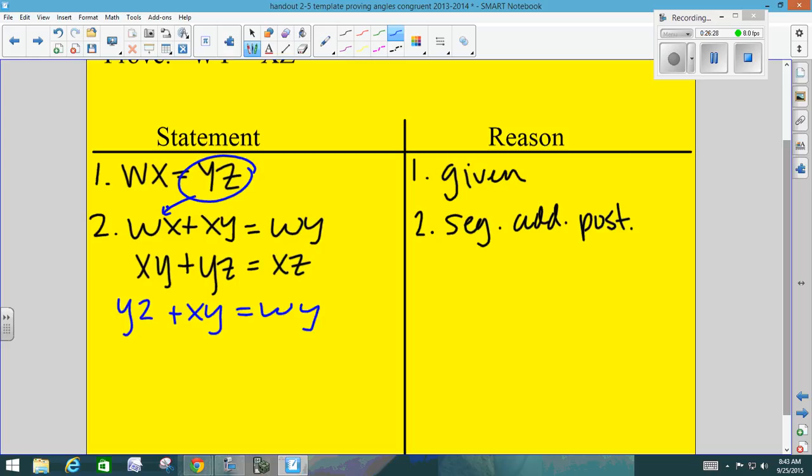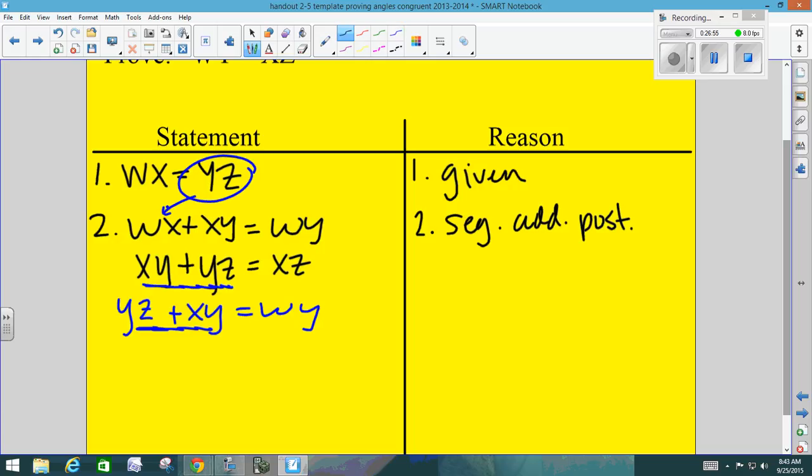If I substitute YZ into that first equation, then I'd get YZ plus XY equals WY, right? Sure. And since YZ plus XY equals WY, and XY plus YZ equals XZ, if these two things are equal to the same expression, what can I do with these two things? Make them equal to each other.